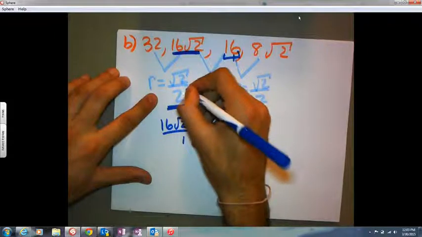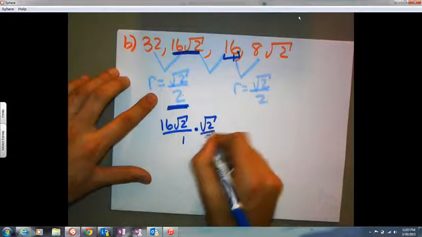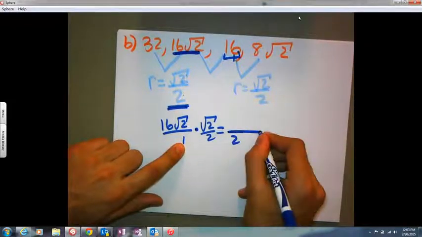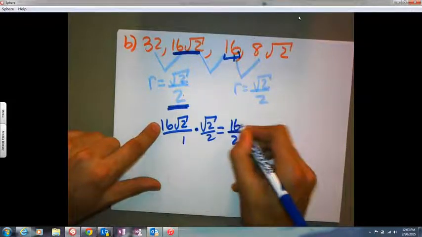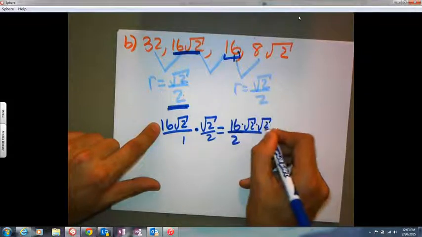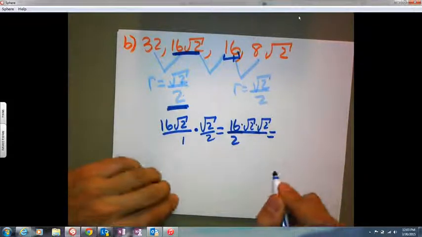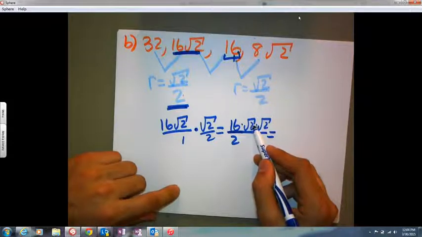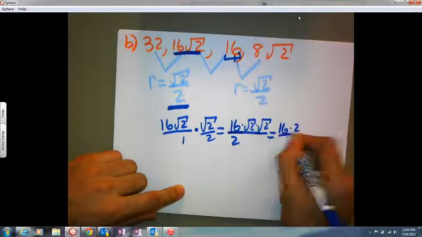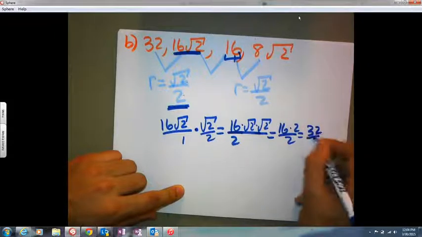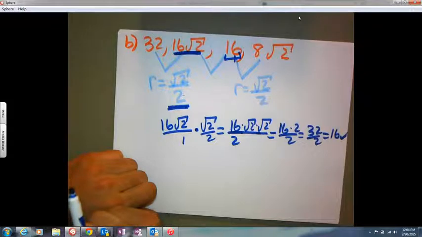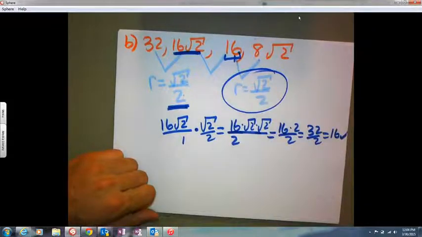On the top, we have 16 times root 2 times root 2. Root 2 times root 2 is just 2. So we have 16 times 2 divided by 2, 32 divided by 2, which is 16. It does work. So this is our R, meaning we have a geometric sequence with R equal to root 2 over 2.